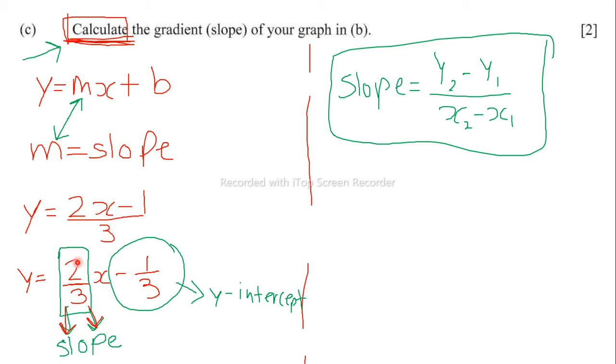And so the number in front of the x is 2/3. So we know that's the slope. The only thing is that it says calculate. Since they said calculate, it seems they want us to use the formula. We're not trying to get a new answer. We already know what the answer is. We're just trying to show that it's 2/3.